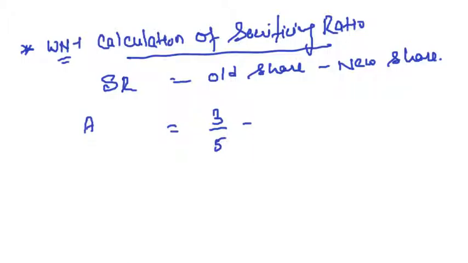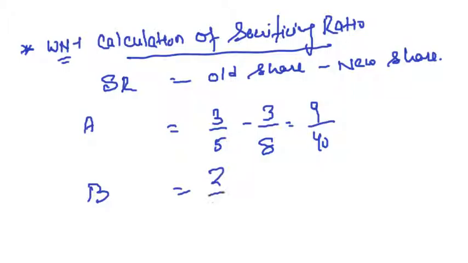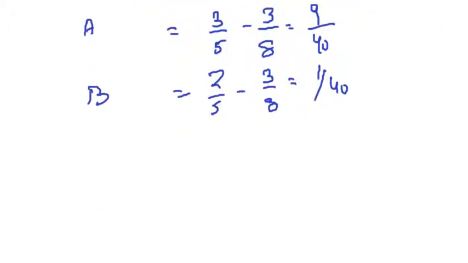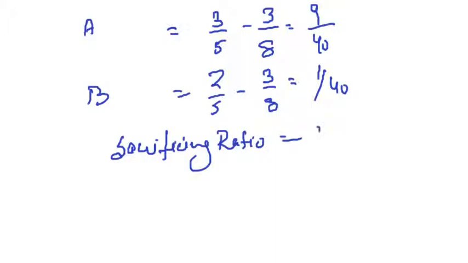What is the new share? New share is 3/8. So this comes to 9/40. For B, the old share is 2/5 and new share is 3/8. This comes to 1/40. So we can say the sacrificing ratio is 9:1.